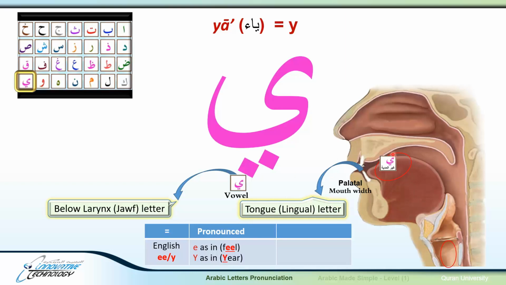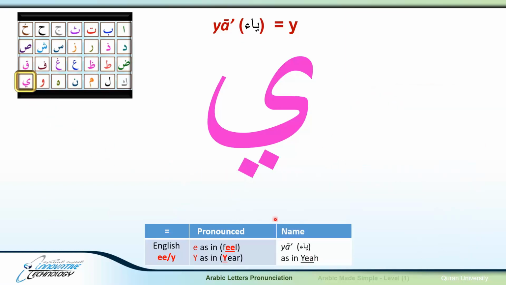Now both the y and the ya are called the ya, named ya, and pronounced as e as in feel, or ye as in year.